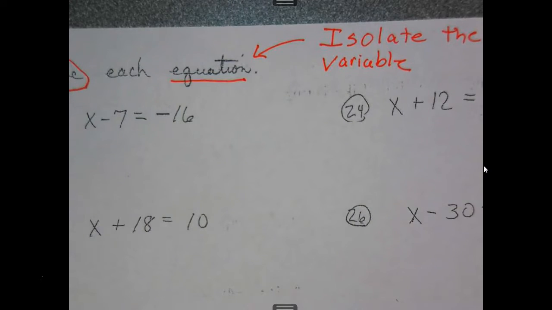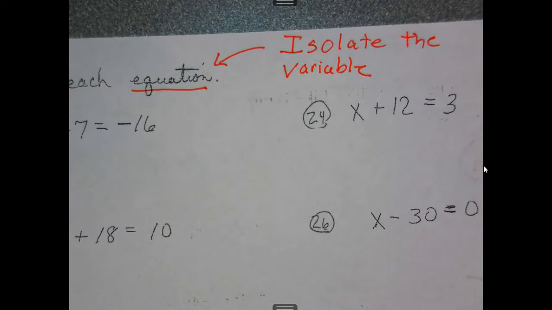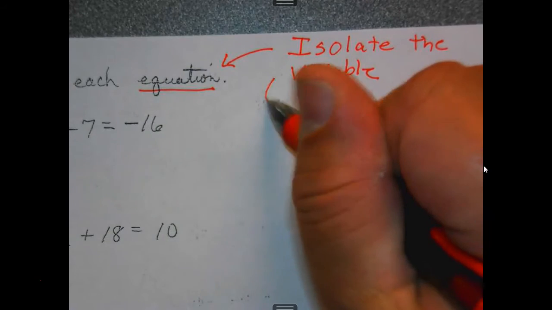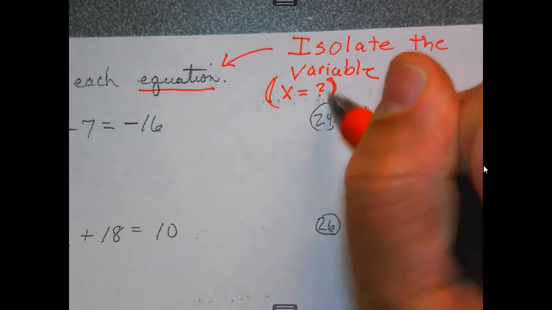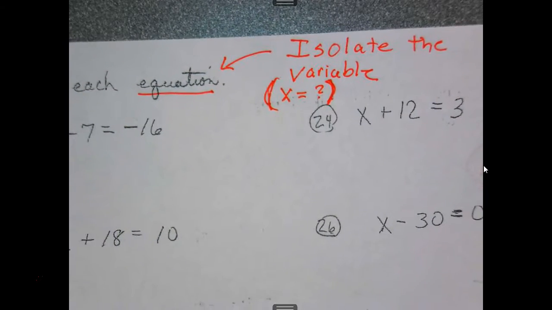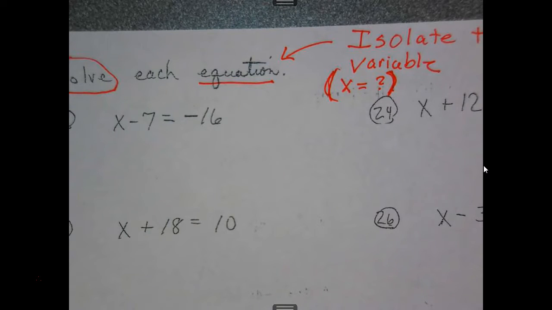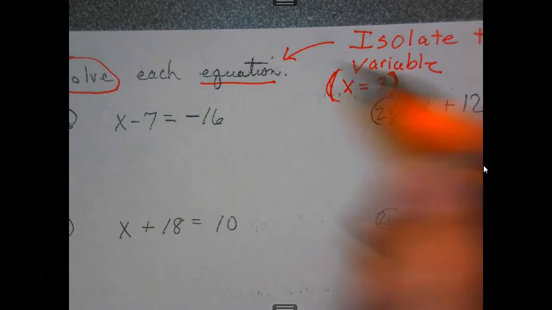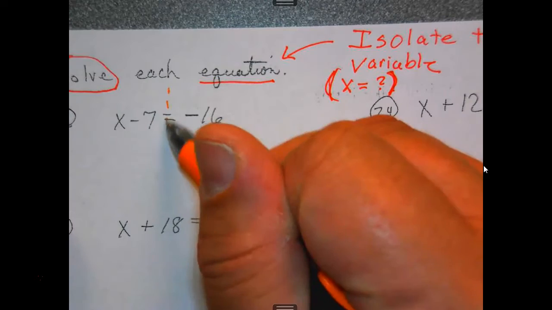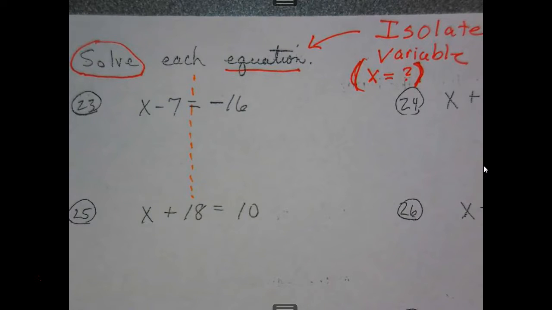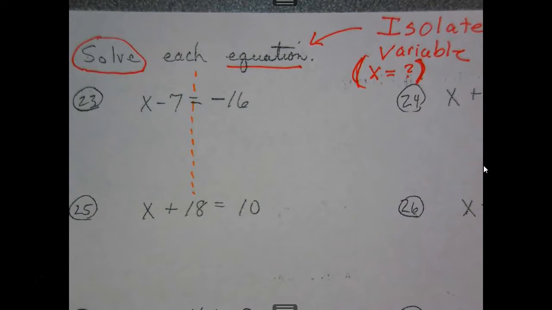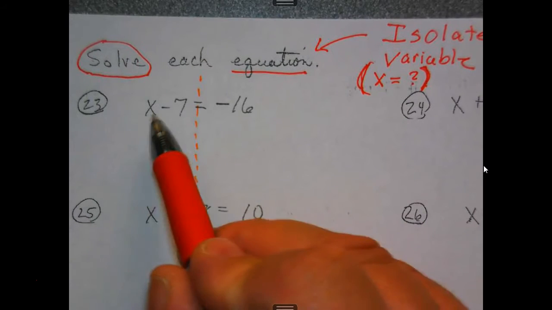Solving equations, or another way of thinking of this is get x by itself. X, or whatever variable it is, get it by itself. Now, Dominic was right. It's so much easier if you put a dotted line where that equal sign is. I teach it that way in my Algebra 2 classes because this is a really common mistake.